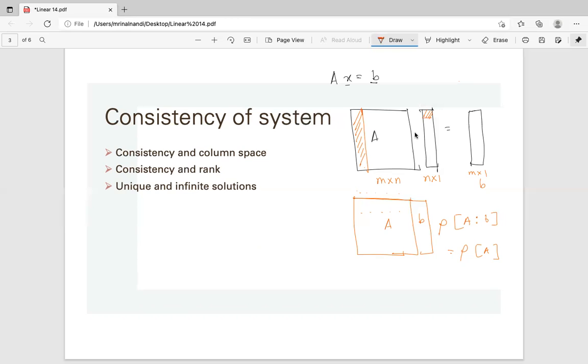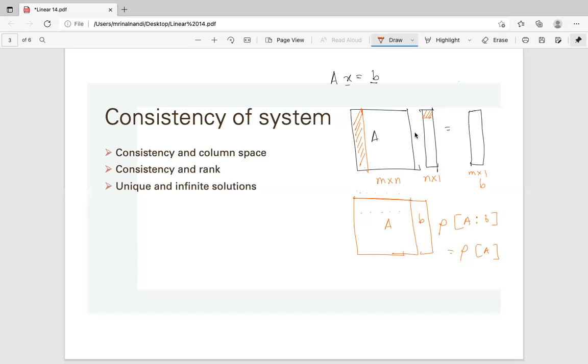Now if A is a square matrix with full column rank, it is full rank, so it is non-singular. But if it is not a square matrix, a consistent unique solution requires full column rank. If the number of columns is more than the number of rows, the number of variables is more than the number of equations, so it can't be full column rank, because the column rank is the same as the row rank.